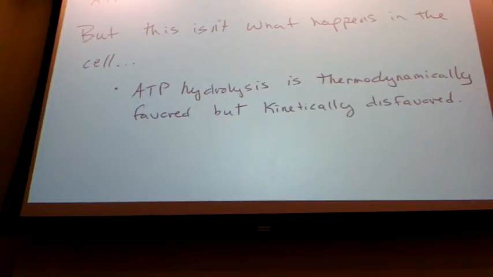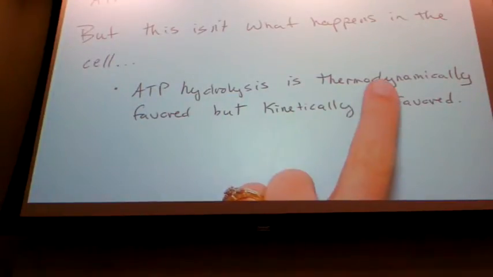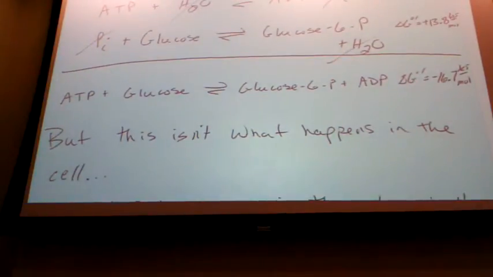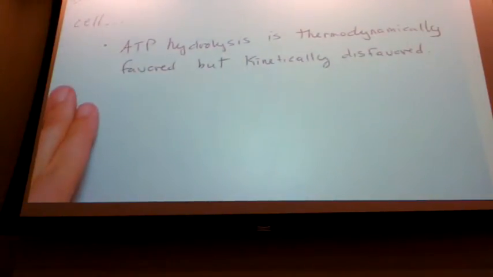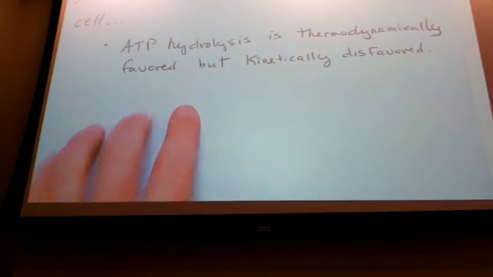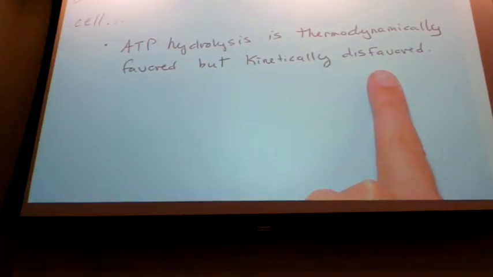If something is thermodynamically favored, what does that mean? It has a negative delta G. So we saw that it has a negative 30.5 kilojoules per mole for delta G. So it's spontaneous. It's kinetically disfavored. What does that mean? The rate is slow. Really slow.